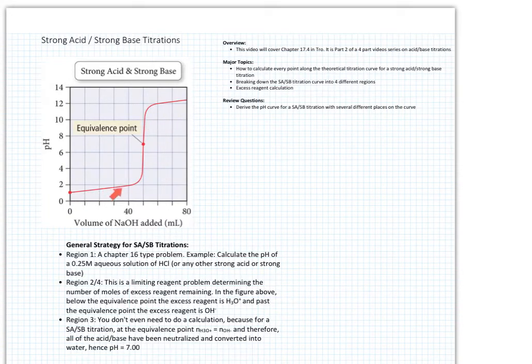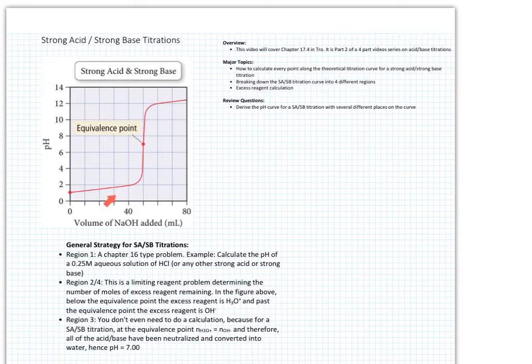You notice the pH change from 0 to 45 milliliters or so is only like 1 pH unit. And from about 55 milliliters out to 80 milliliters, it's not even 1 pH unit. So pH barely changes here, shoots up really fast at the equivalence point, and then flattens off again. That's what the typical curve looks like.